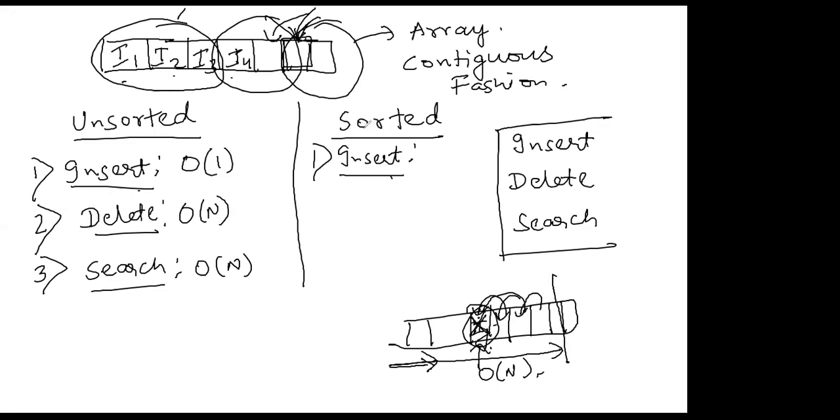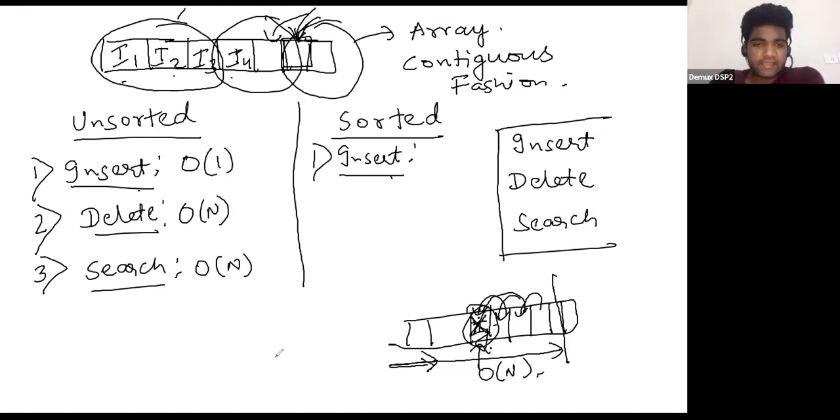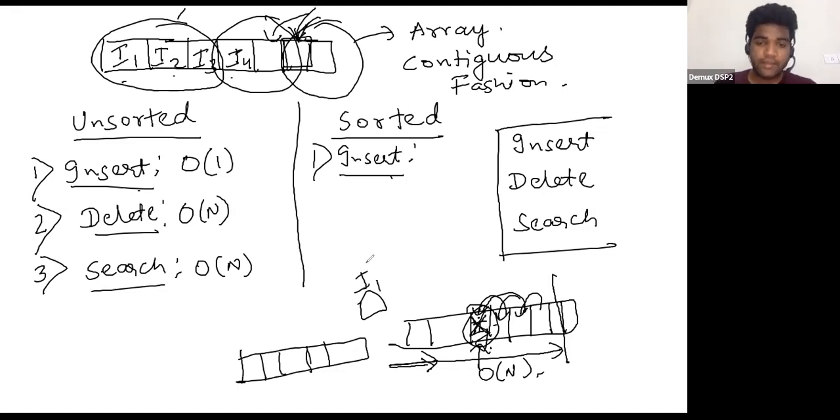O of n, right? Why? Because this array is sorted. So you are basically organizing data in a specific manner. Let's say the positioning of that data item needs to be in the first position of the array.